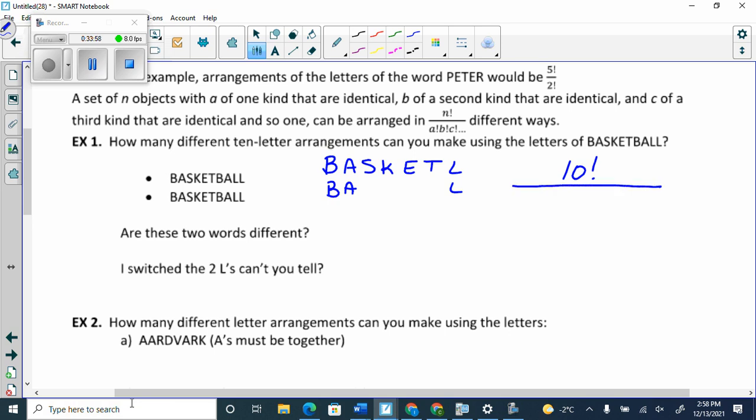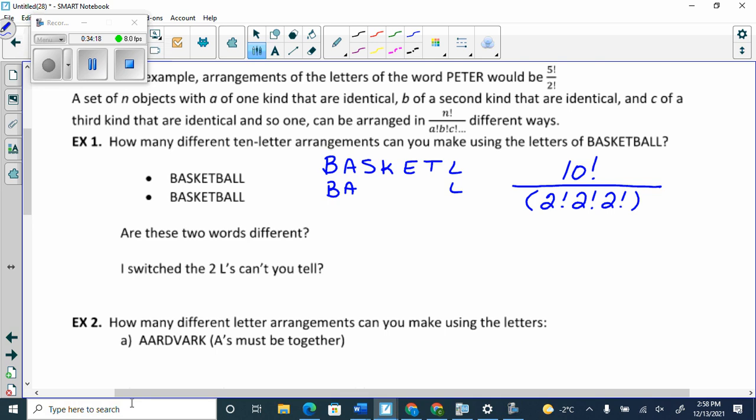So I have to put the 2 in brackets. If you don't put it in brackets and you didn't put it in a fraction, it'll do 10 divided by 2 factorial times 2 times 2, which makes it really large, not small. So 10 factorial divided by 2 factorial for the B's, 2 factorial for the A's, 2 factorial for the L's. You can't do 6 factorial. Why?